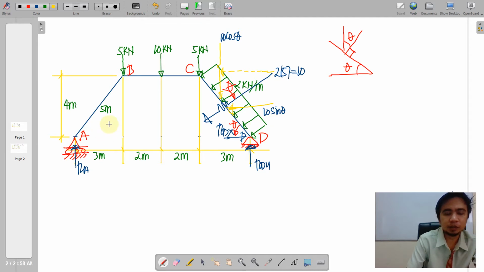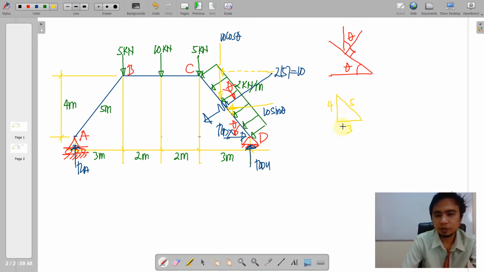Then we use the slope of the 3, 4, 5 triangle in determining the numerical value of cosine theta or sine theta. We have 3 horizontal, 4 vertical, and the line enclosing it is 5.